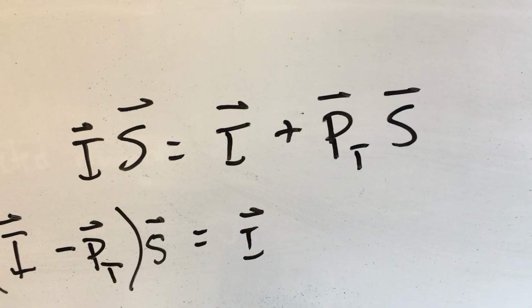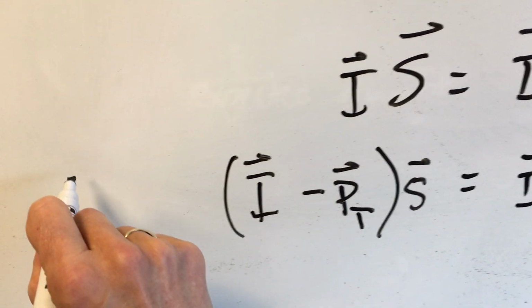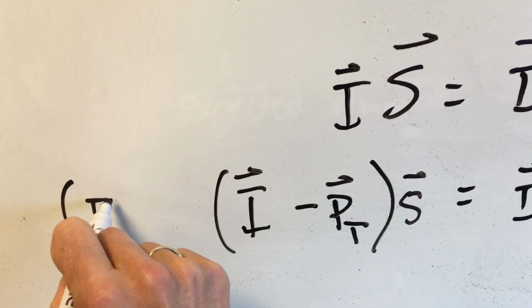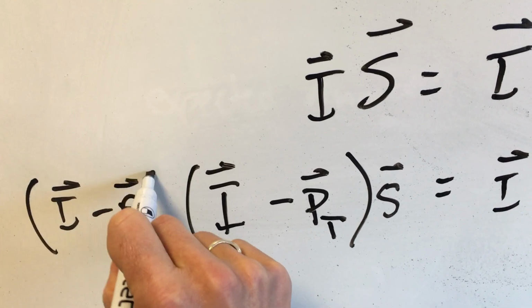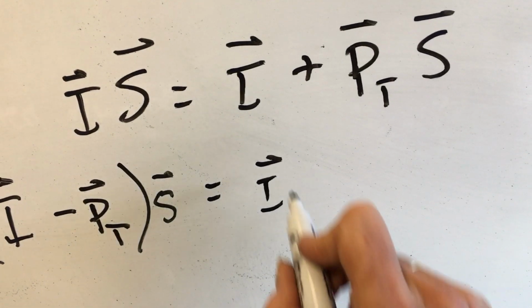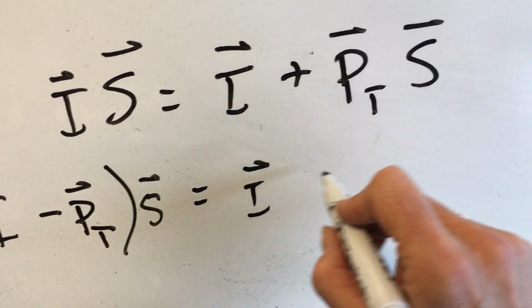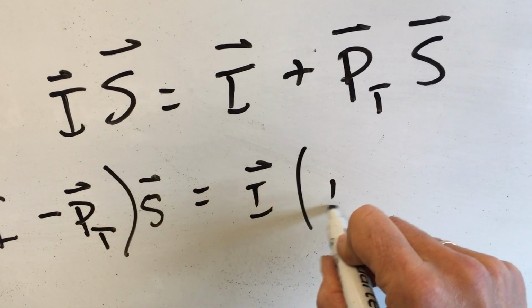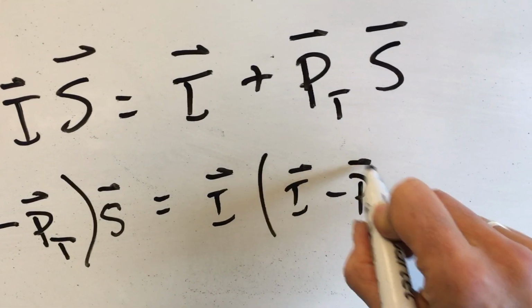Okay, so now I'm going to pre-multiply both sides by the inverse of this first matrix, so (I minus P_T) inverse. In front of this term you can put the identity matrix before or after and get the same result, so I can get away with this only because it's the identity matrix.